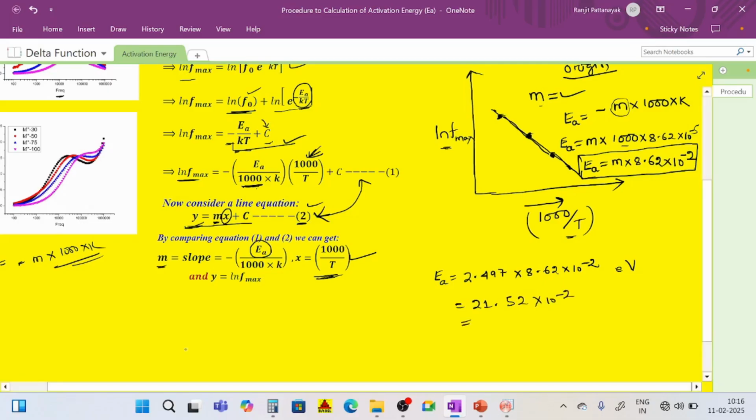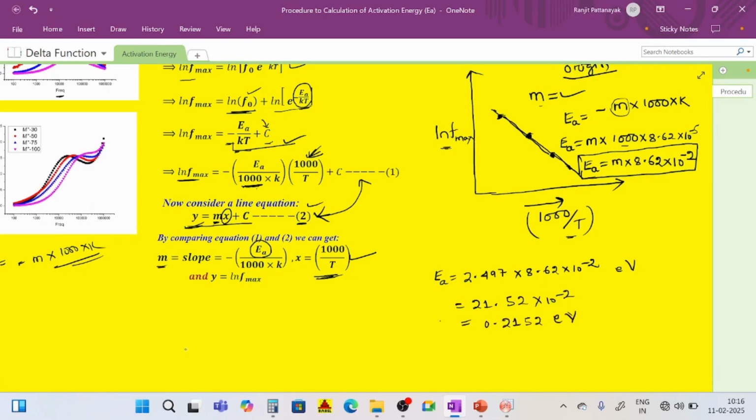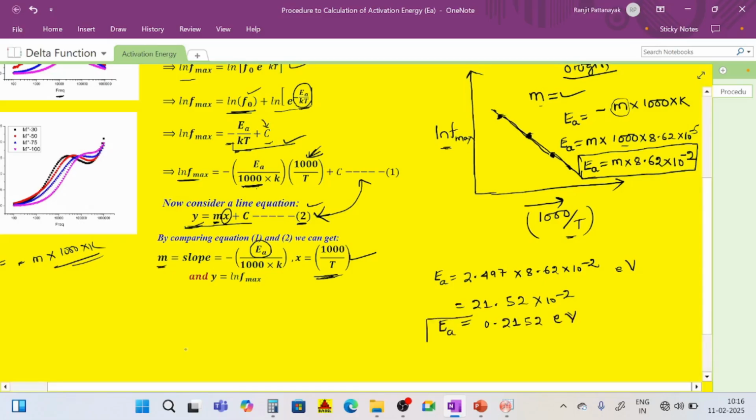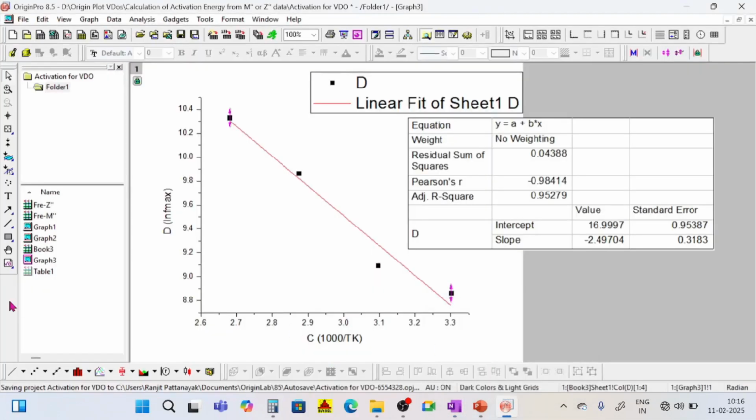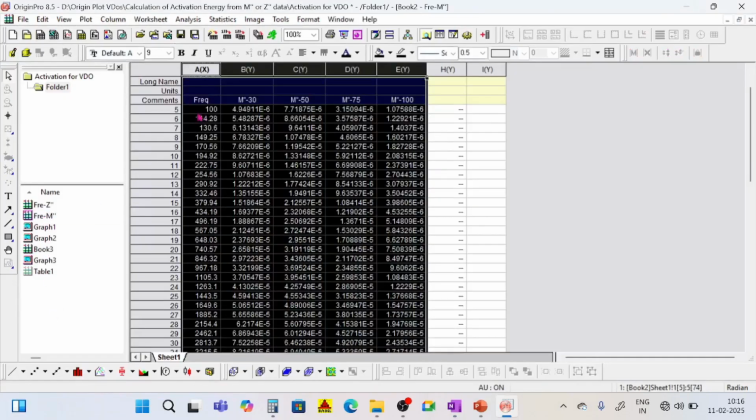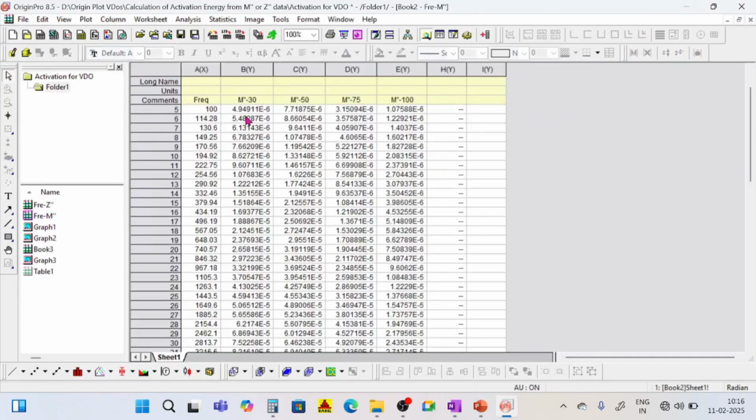So finally we found 0.2152 electron volt is your activation energy. From Z double prime data, by considering 4 temperatures, we found this value, 0.2152 electron volt.